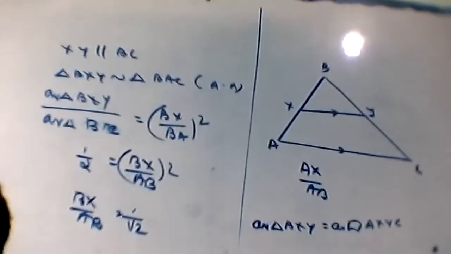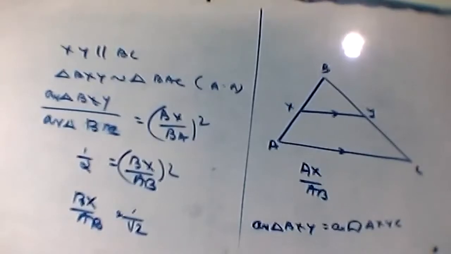XY is parallel to AC, therefore triangle BXY is similar to triangle BAC, AA similarity.